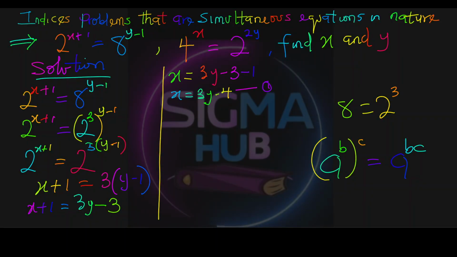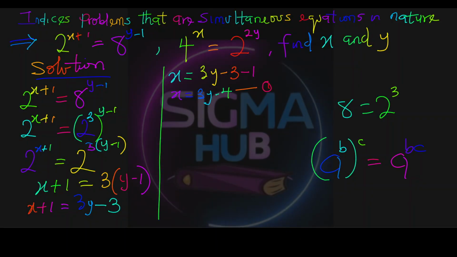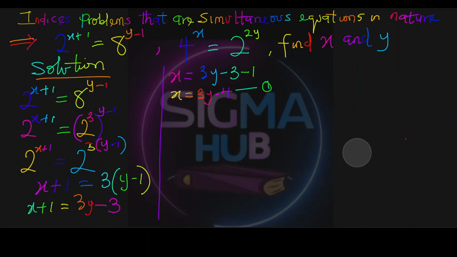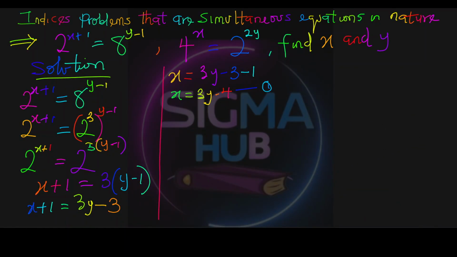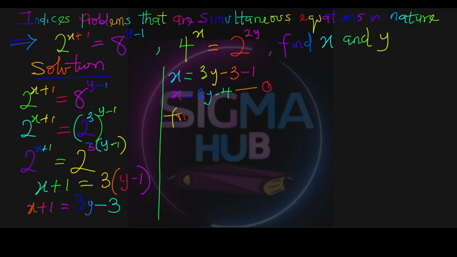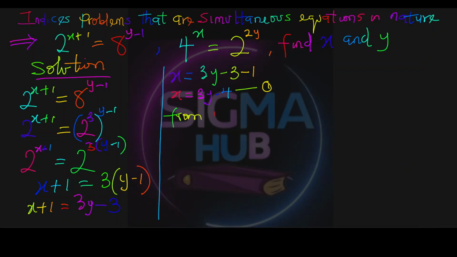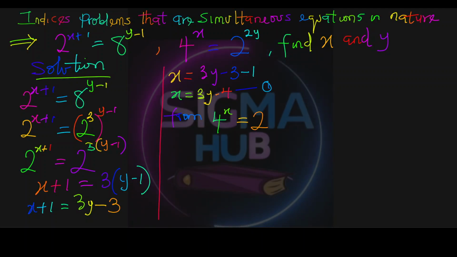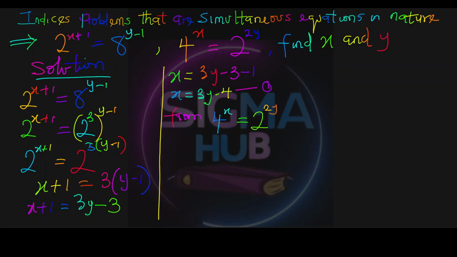Now we're going to be using the second equation given to us to get another equation. So from the second equation, 4 raised to the power of x equal to 2 raised to the power of 2y.